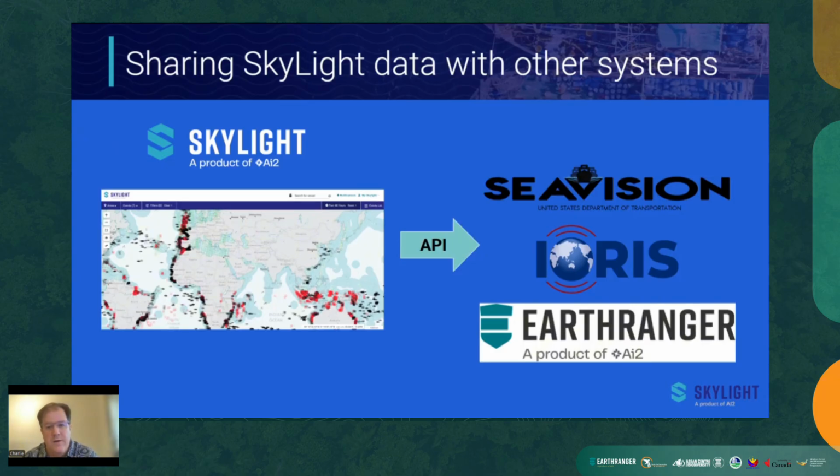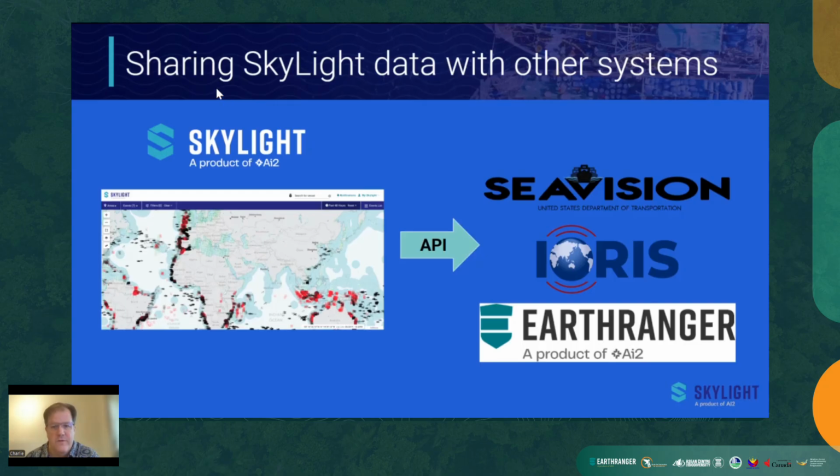I'll highlight our data is also shared on a regular basis constantly via APIs into CVision, which some government agencies might be familiar with. That's the US government system they share with the Philippines and other countries. And also IORIS, which is the European Union capacity building program. Skylight is also sharing our data into IORIS.